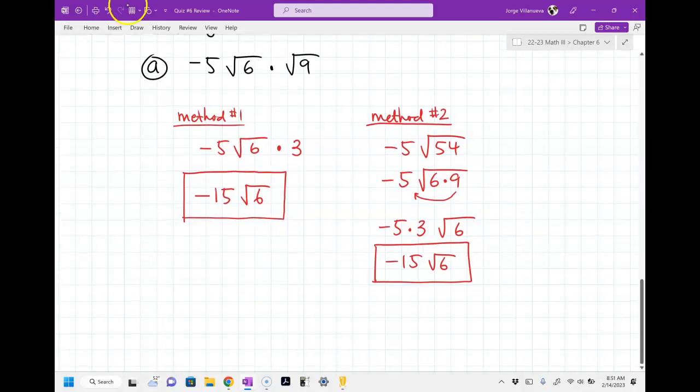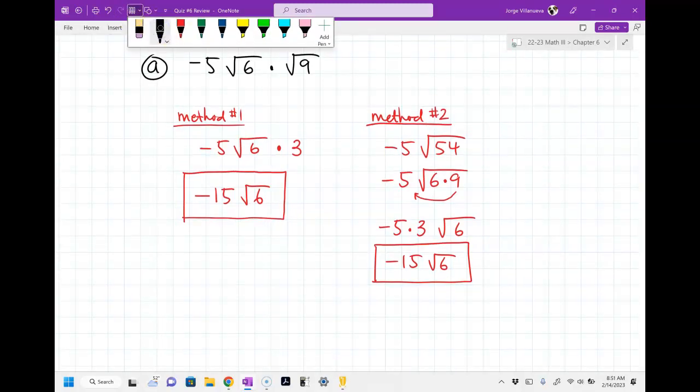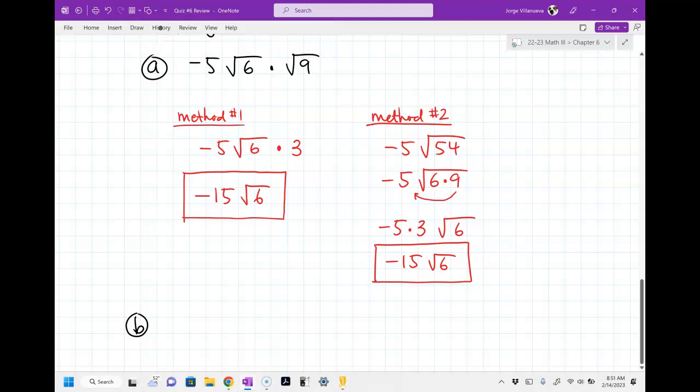So, let me show you part B. But before I do that, any questions on example A, method 1 or 2? Whichever one you prefer, it's up to you. I like method 1, but other times I prefer method 2. Method 1 for this one was the best way to do it. You're going to notice that for the one I'm going to show you right now, method 2 is the best way to do it.